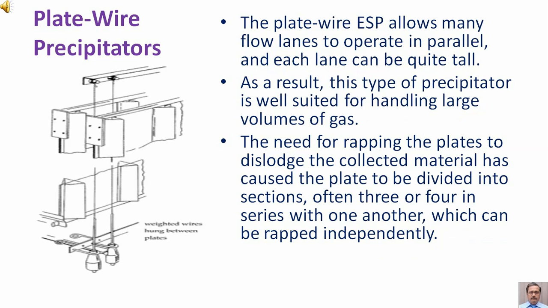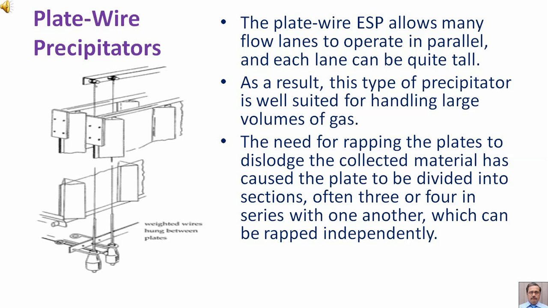The plate wire ESP allows many flow lanes to operate in parallel, and each lane can be quite tall. As a result, this type of precipitator is well suited for handling large volumes of gas.